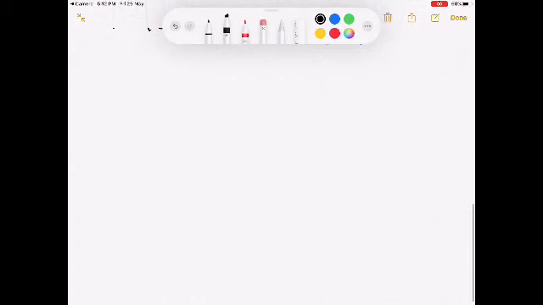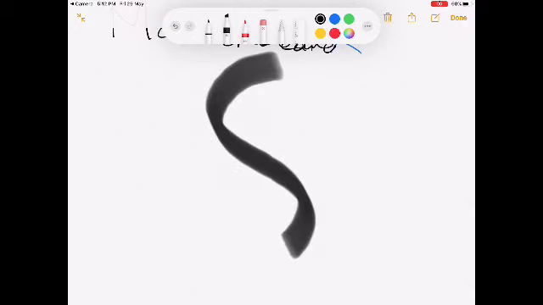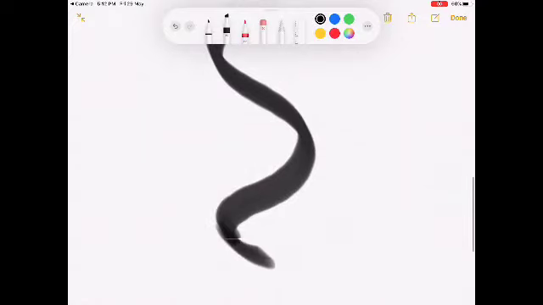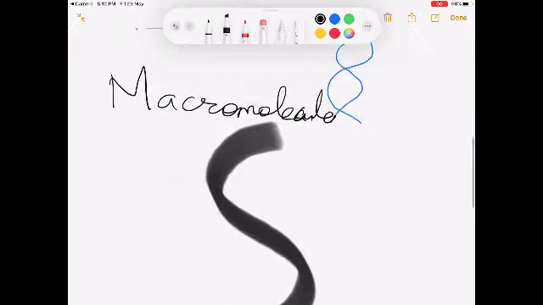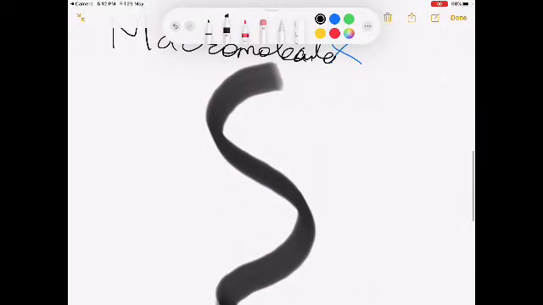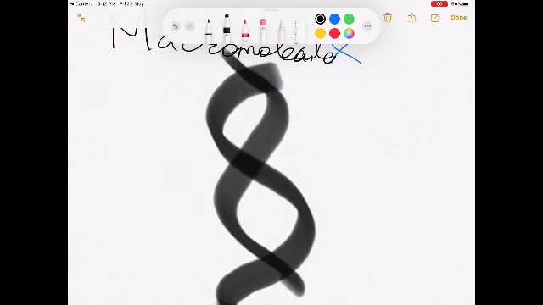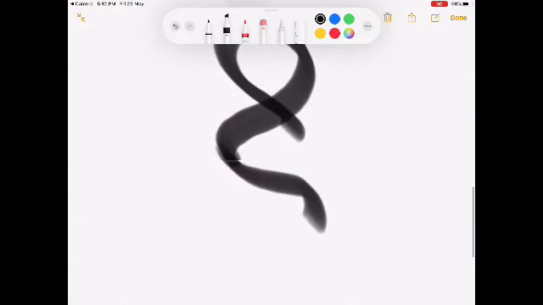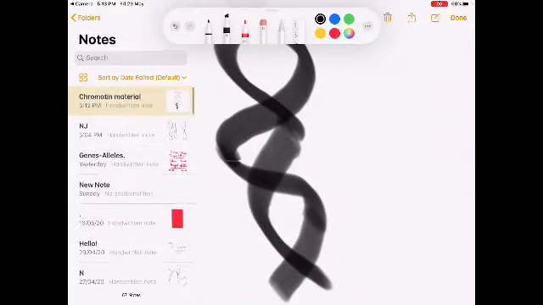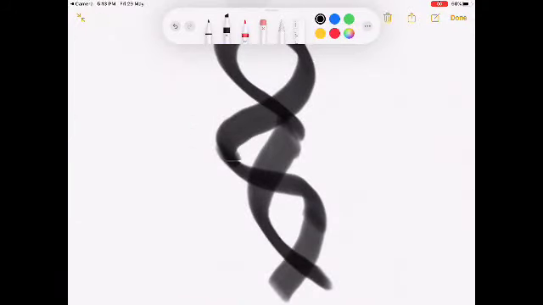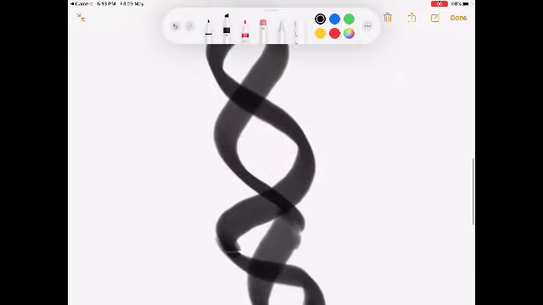So students, first of all, make one strand. This is called a double helical structure.